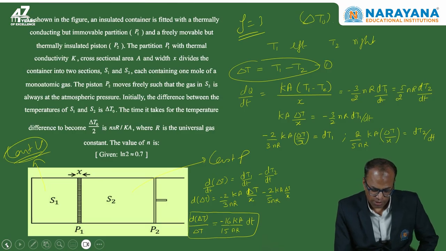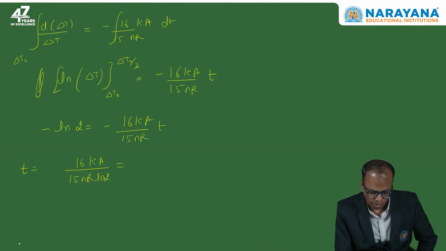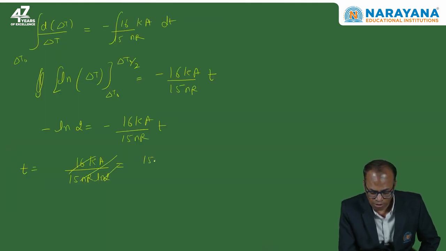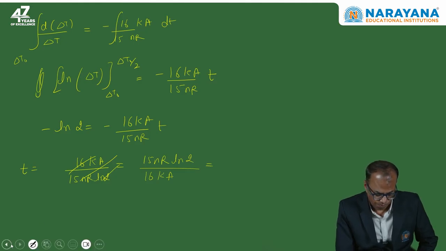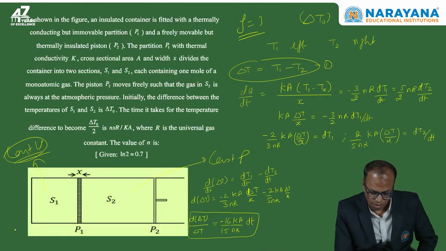Okay, n x r by Ka. Time is n times x r by Ka. Okay, I have written 15 nR ln 2 by 16 Ka and have to compare it with n x r by Ka. Okay, number of moles. What about the number of moles?